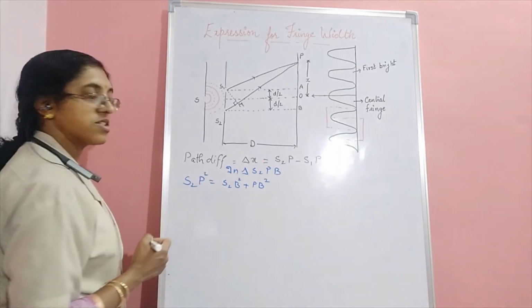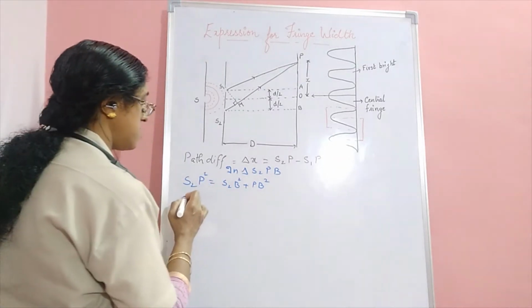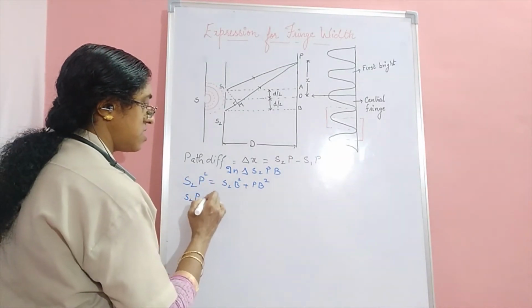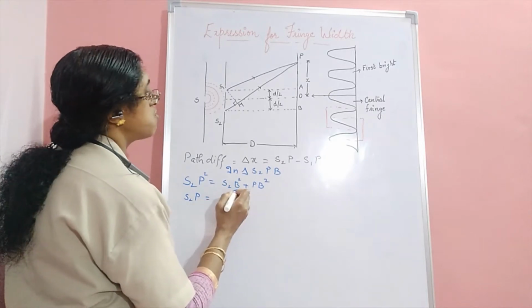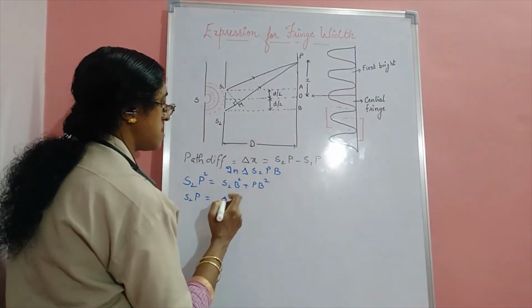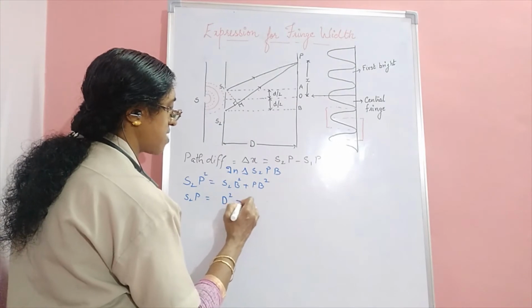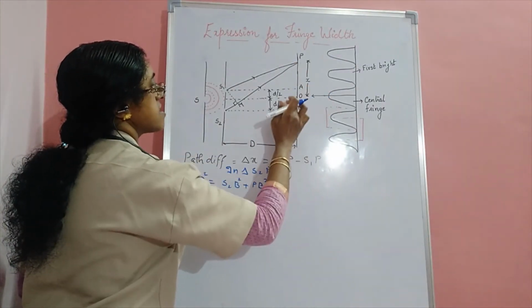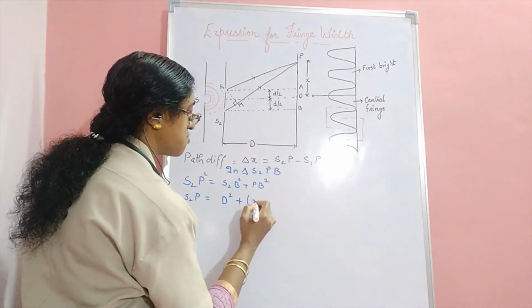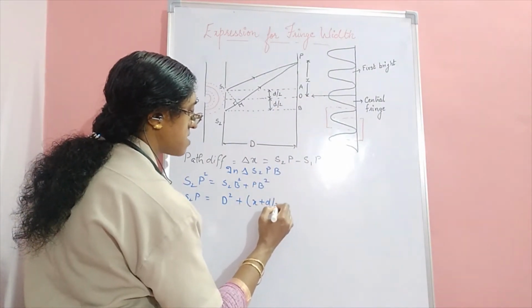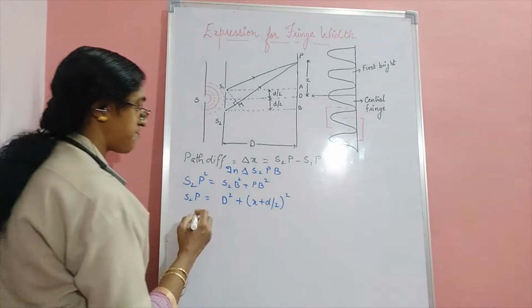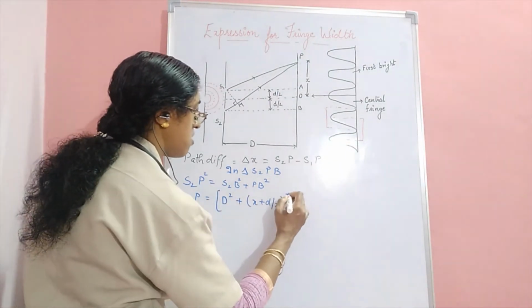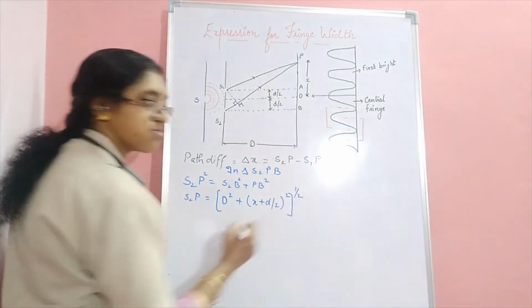S2B is D, that is D square plus PB. PB till here is x plus d by 2. So S2P equals D square plus x plus d by 2 the whole square, whole to the power of 1 upon 2.